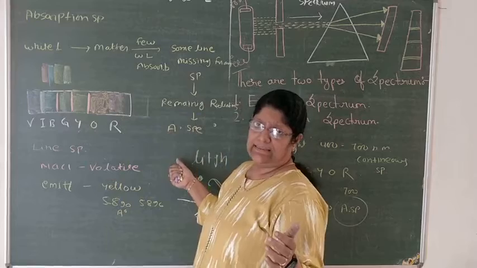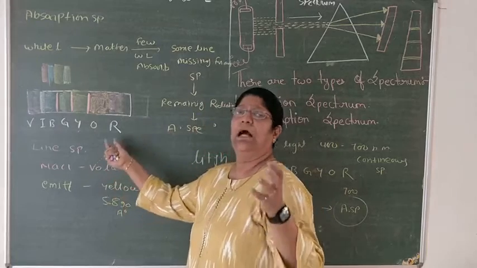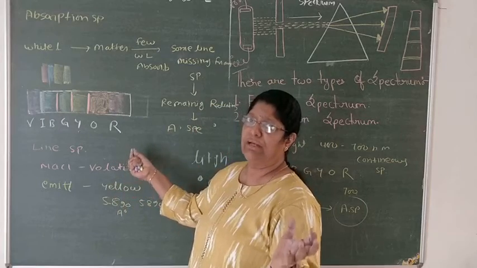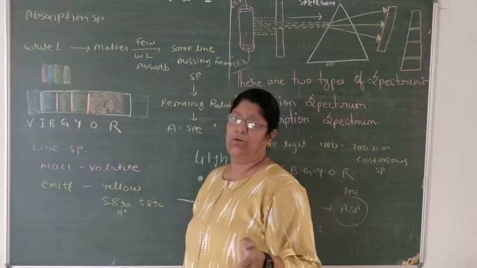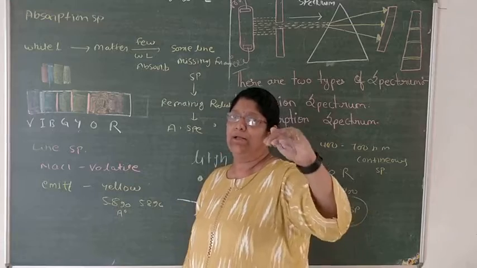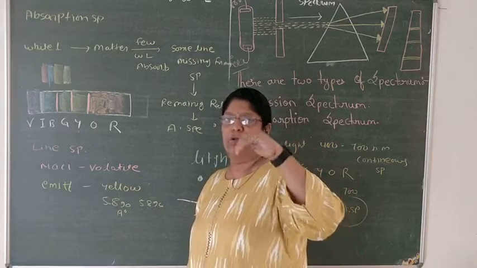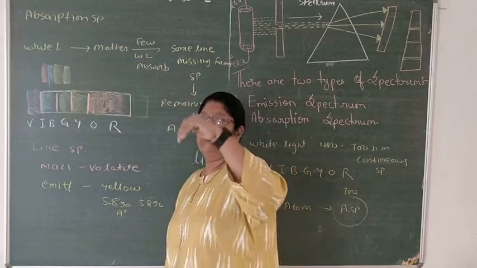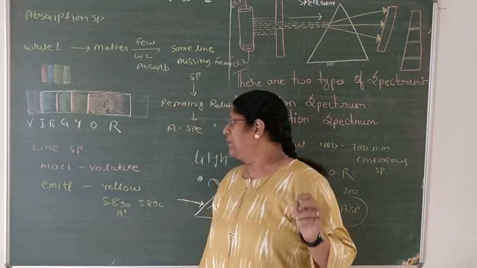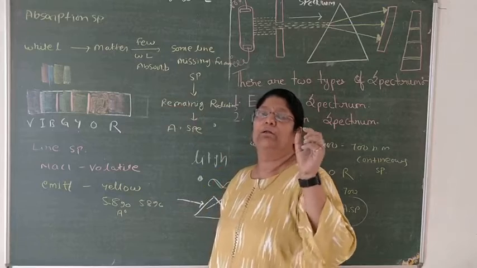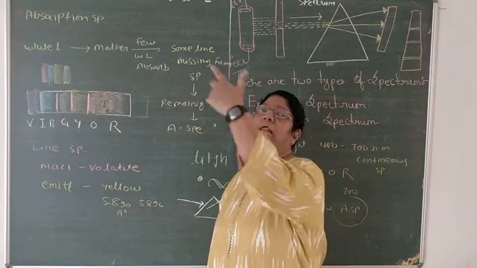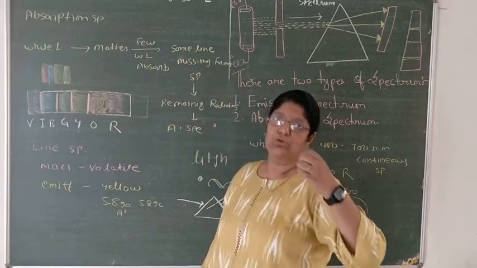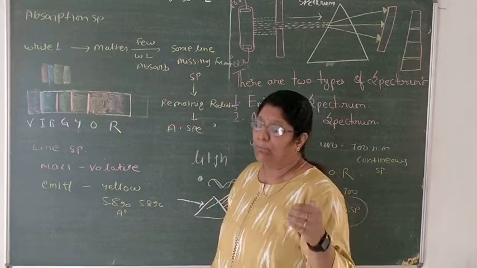As they get excited, they absorb some energy or radiation of light. Then the electron will come back after 10 to the power minus 8 seconds, which is the time period an electron stays in another orbit. After 10 to the power minus 8 second, it has to come back to its original position.